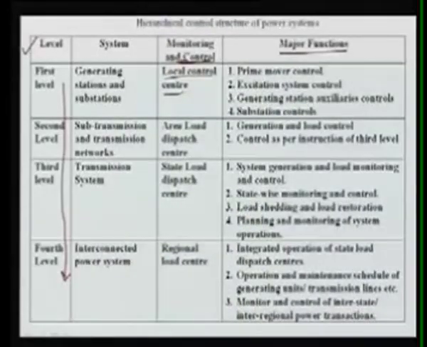Similarly, we have the various substations. It may be a 400 kV substation, a 220 kV substation, a 132 kV substation, and so on. Why do we call it 400 kV or 220 or 132 kV? Basically, it is the maximum voltage possible at that substation that is the rating of that substation.